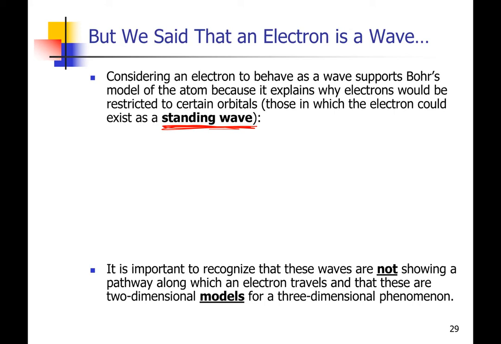When you add waves together, if you add them in phase, so if I have this wave here and I add this other wave here to it, those two red waves stacked on each other perfectly, we get what we call constructive interference, and we get a bigger wave that I don't really have space to draw on my slide, but you can see what I'm getting at here. That's constructive interference.